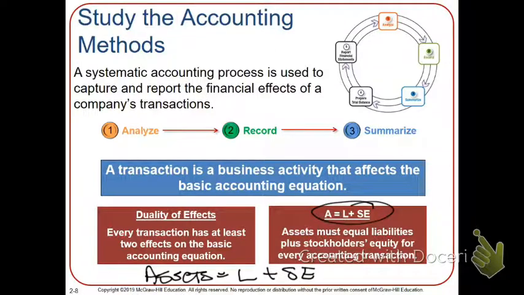Every transaction has at least two effects, which means at least two things are happening. It could have more than that, but it always has to balance. So as we go through this, that's what we're looking for.